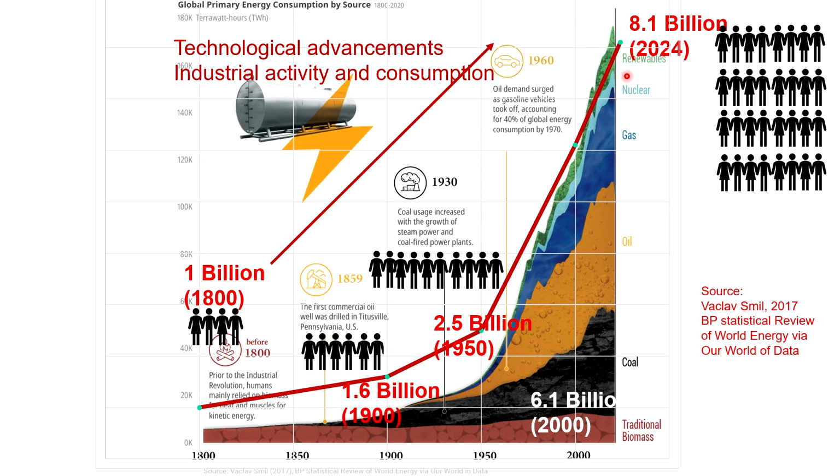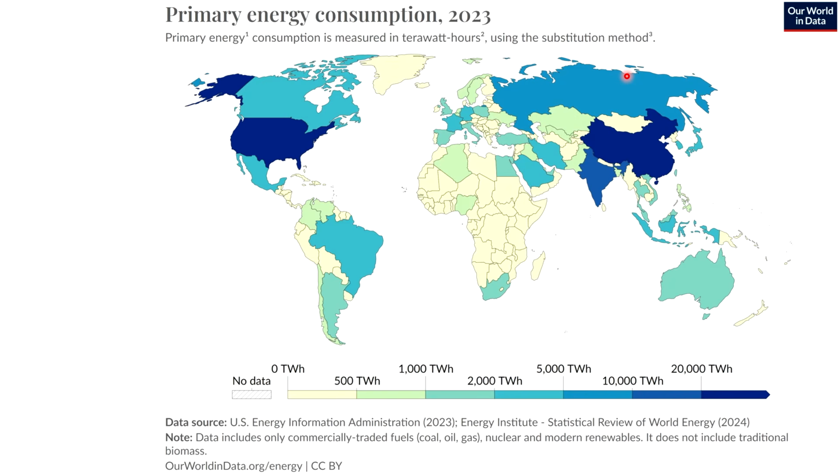And this is driven by technological advancements and a variety of industrial activities to produce goods for us and consumption of those goods by us. So, if you look at primary energy consumption worldwide, there are major energy consumers such as the United States and China, but there are other consumers which consume energy in excess of 20,000 terawatt hours, and countries such as India which also consume a significant amount of energy, Russia and many other countries.